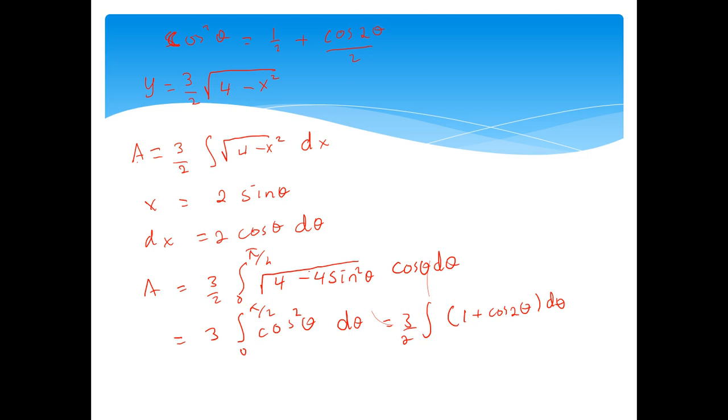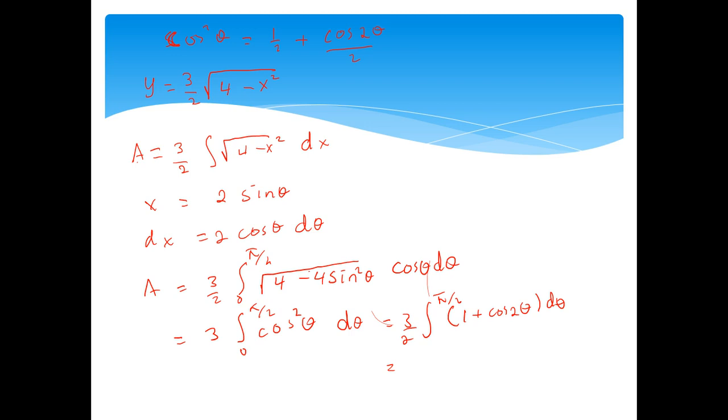And then evaluating from 0 to pi over 2, we're going to multiply this one here by 4 to get the area.